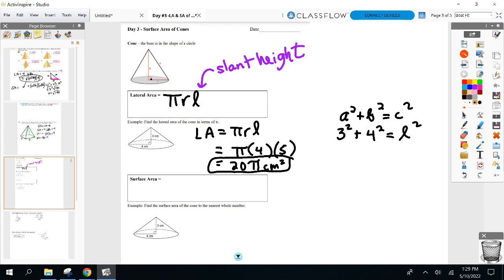I will give you a minute to figure out the surface area of a cone. What's the surface area formula for a cone? If you know what surface area really means.